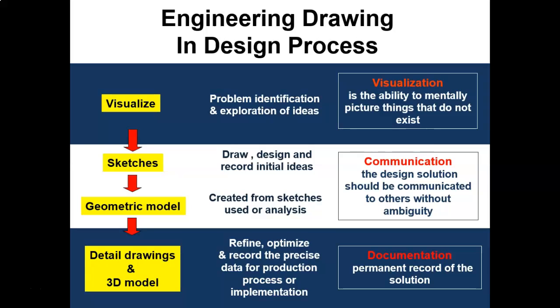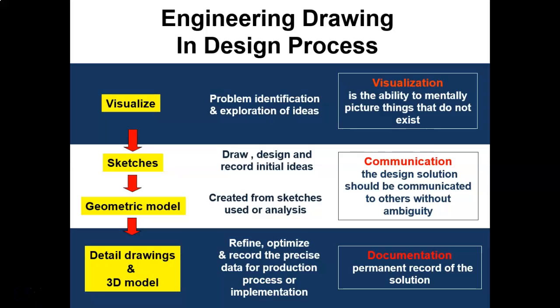From the statement of the need, a specification must be formulated for the product to be designed. We use a geometrical model created from sketches for use or analysis. So the sketches and geometrical model are the terms for communication, where the design solution should be communicated to others without ambiguity.